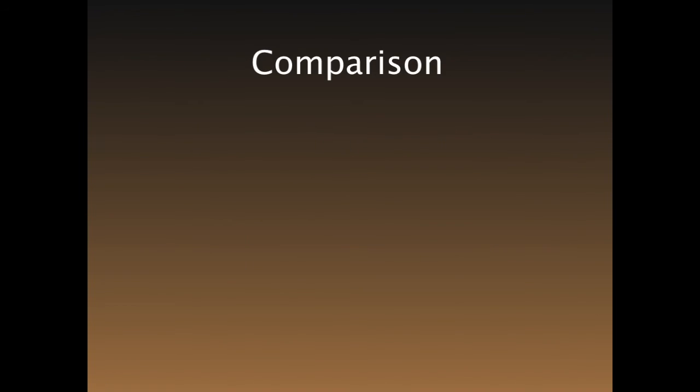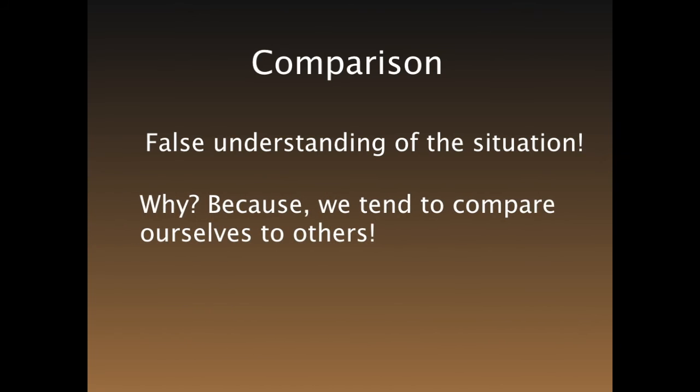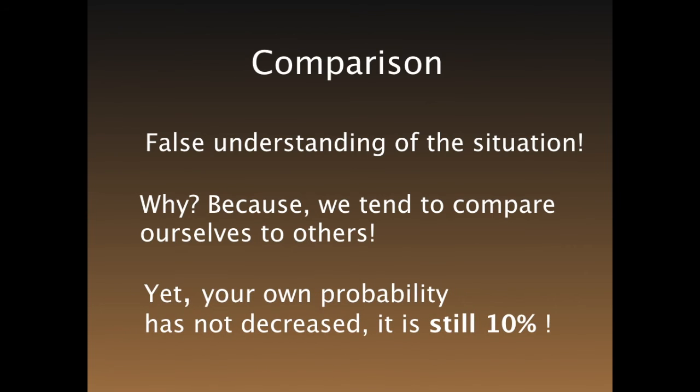Now, why is it that most people feel like case B is worse than case A? It is because most people misunderstand this situation, because they compare themselves to 1 person who bought 9 tickets in case B, and they feel that they are less likely to win than this 1 person, which is true. But that's not the point. The point is, you still have the same chances of winning than in the first case. It is still 10%, and this has not changed.